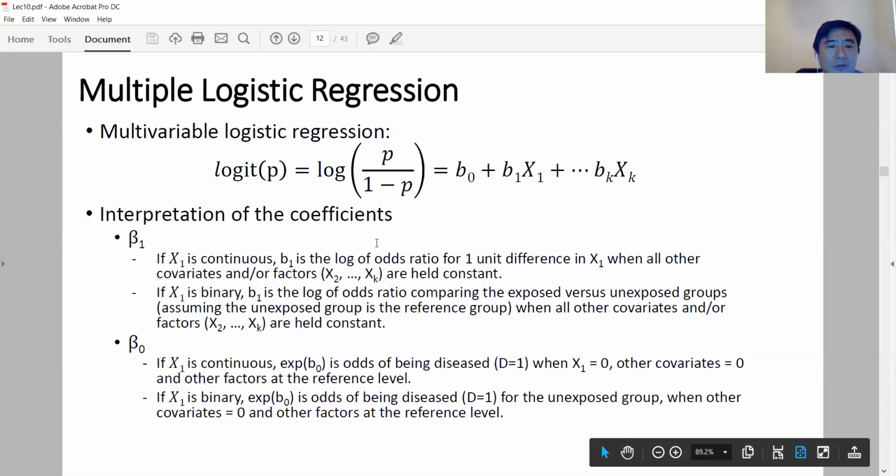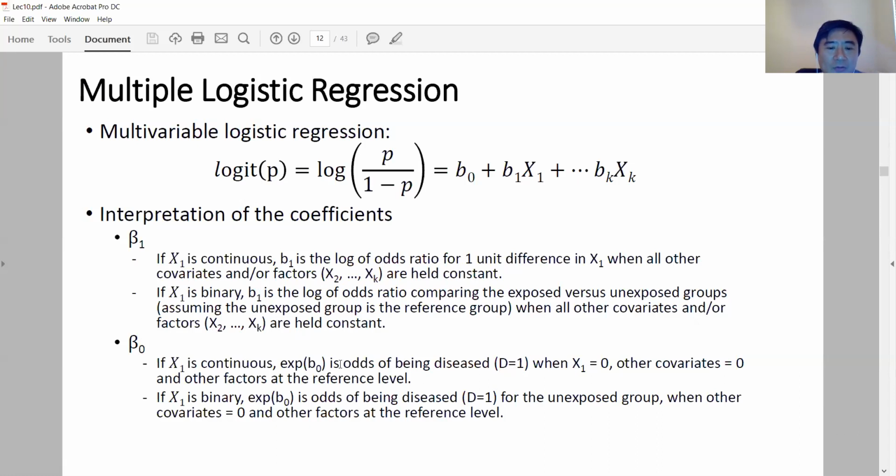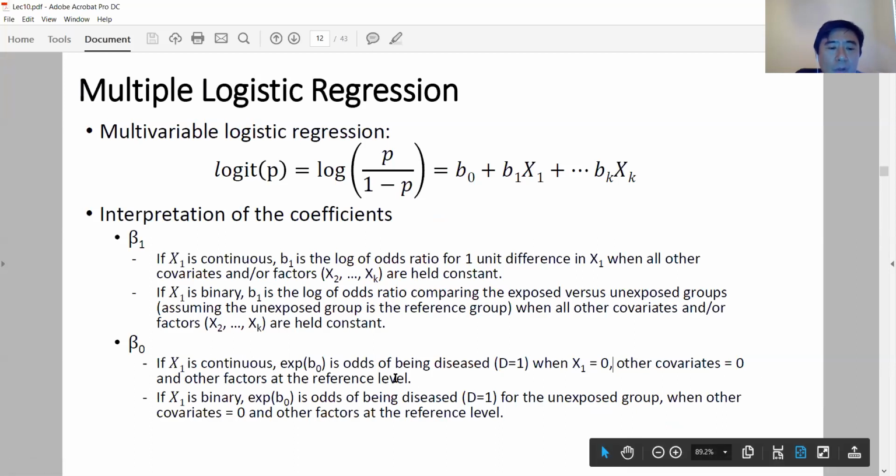And similarly, the interpretation of the B0 term is the baseline odds. Baseline odds means we need the odds at all the predictor variables simultaneously equal to 0. So it's not only the exposure equal to 0, but all the other covariates equal to 0, or at the reference level, depending on the type of these other variables.